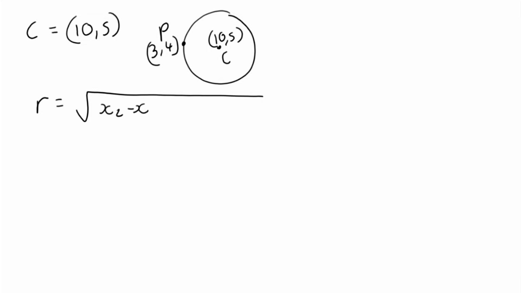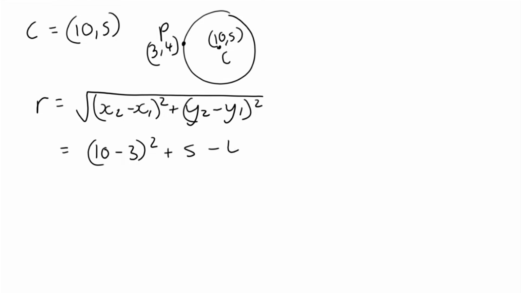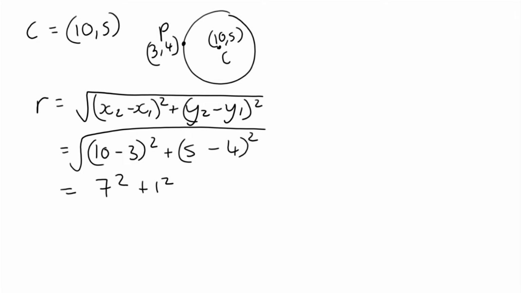So the radius is going to be the square root of x2 minus x1 all squared plus y2 minus y1 all squared. So 10 minus 3 all squared plus 5 minus 4 all squared, and the square root, which is 7 squared plus 1 squared, which is root 50.